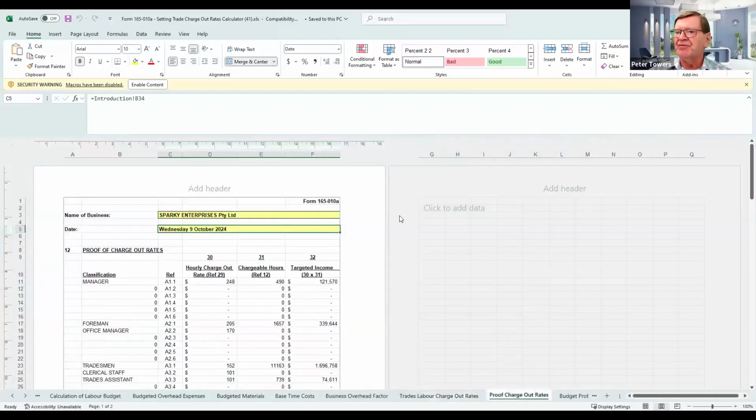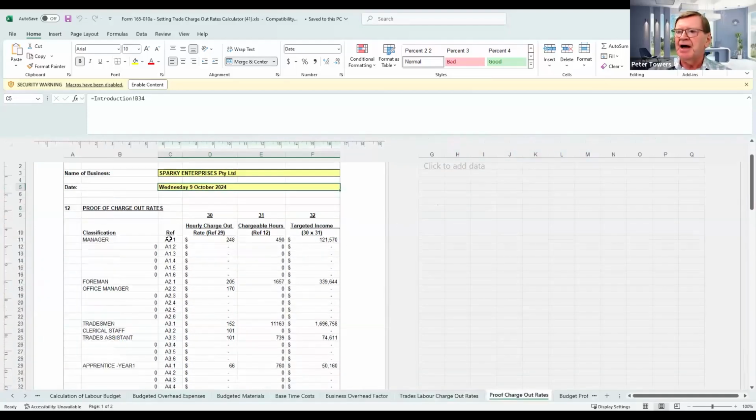And then we produce the proof. So again, with the reference numbers shown, the manager is going to be charged out at $248 an hour. We're saying that he will be able to charge out 490 hours. So the recovery will be 121,570.